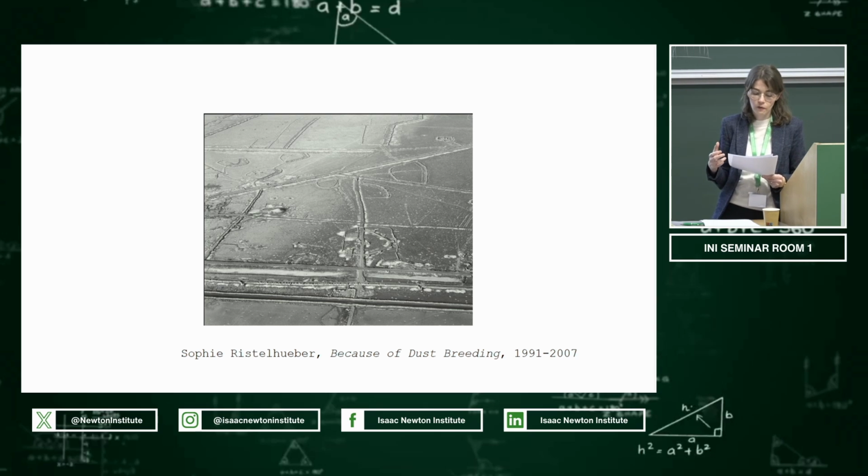This was one of the first conflicts in which views of aerial warfare were transmitted back home to the West. And Ristelhueber's deliberate mix of distant and close-up views reveals the way in which the impacts of war can be sanitized by distance, and that scale has an important function not only in modern warfare but also in its representation.